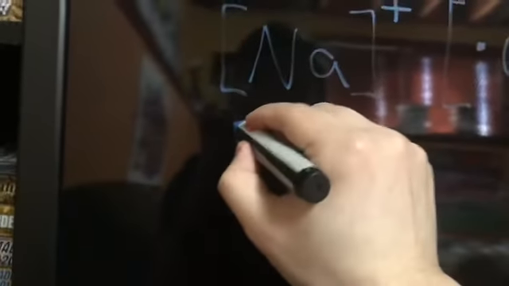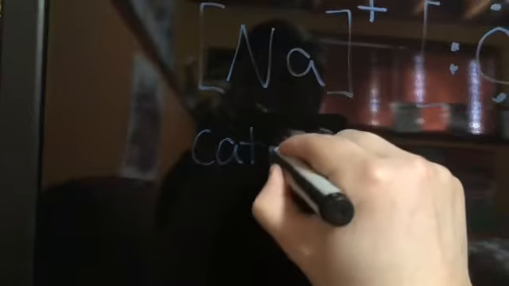So it has 1 extra electron, and because electrons are negative, that means that it has 1 extra negative charge. So sodium in this case is our cation, and chlorine is our anion.